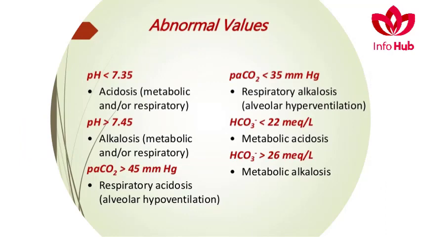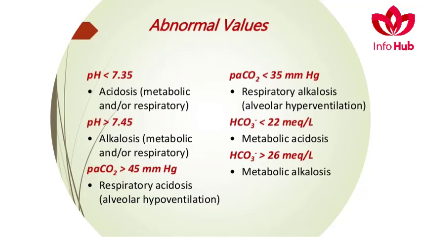Before moving on to abnormal values, I want you to know that if pH is below 7.35, it is called acidosis. If it is above 7.45, it is called alkalosis.